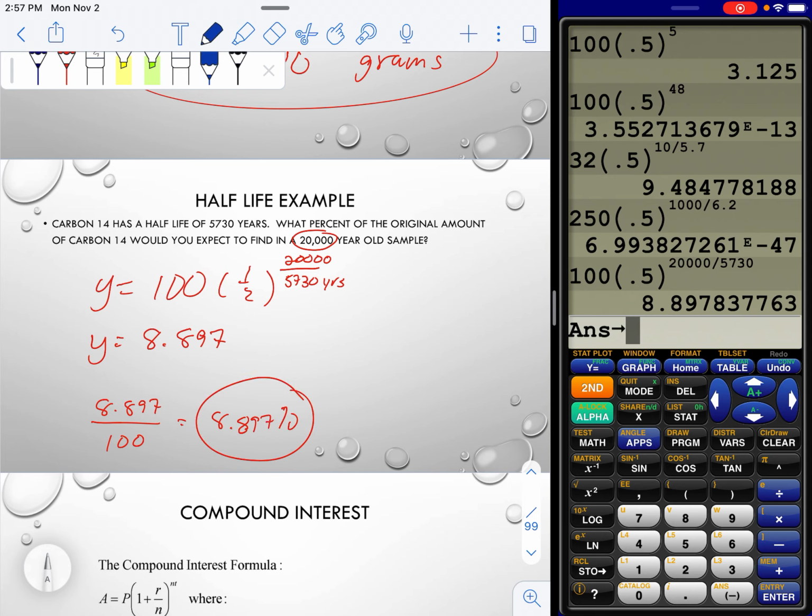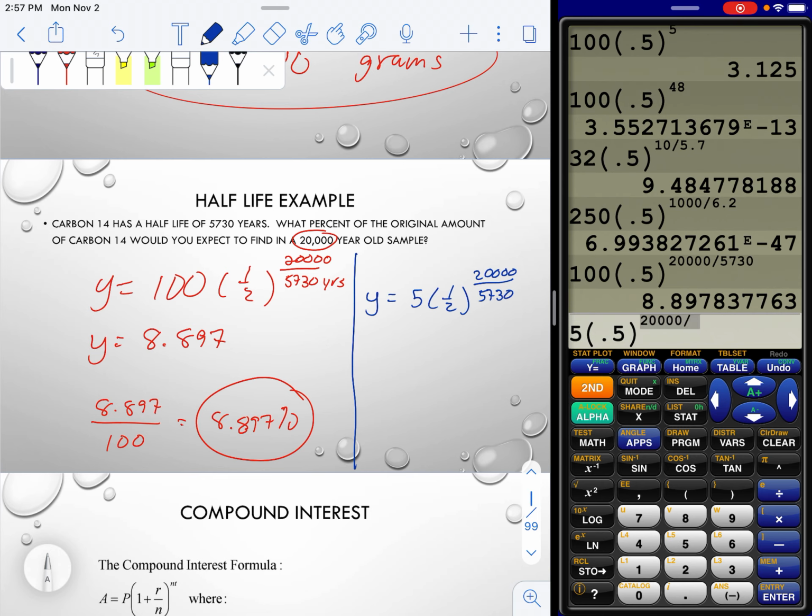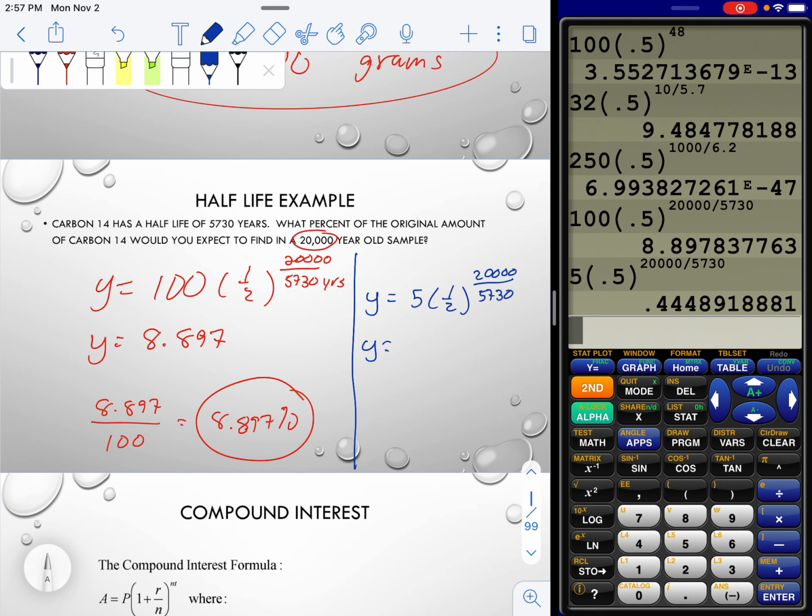Now I'm going to show you that it doesn't matter. Say we pick 5 as our starting value. Everything else stays the same, and this time we get 0.44489, blah, blah, blah.